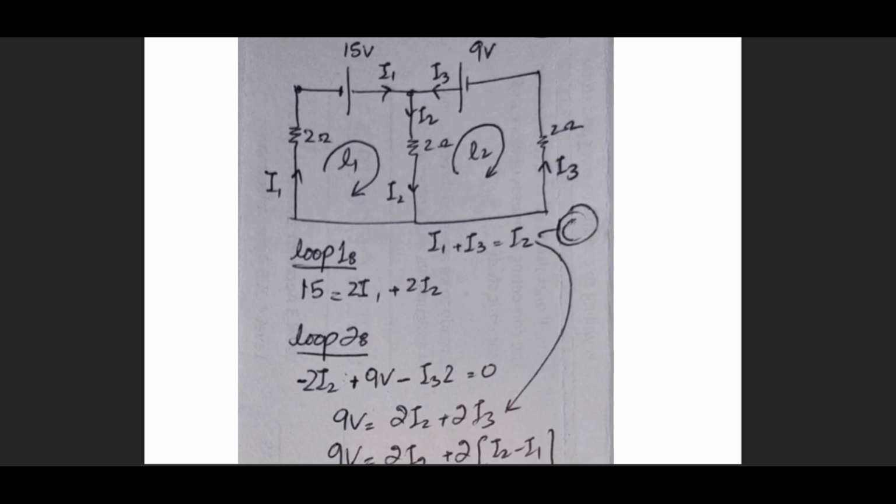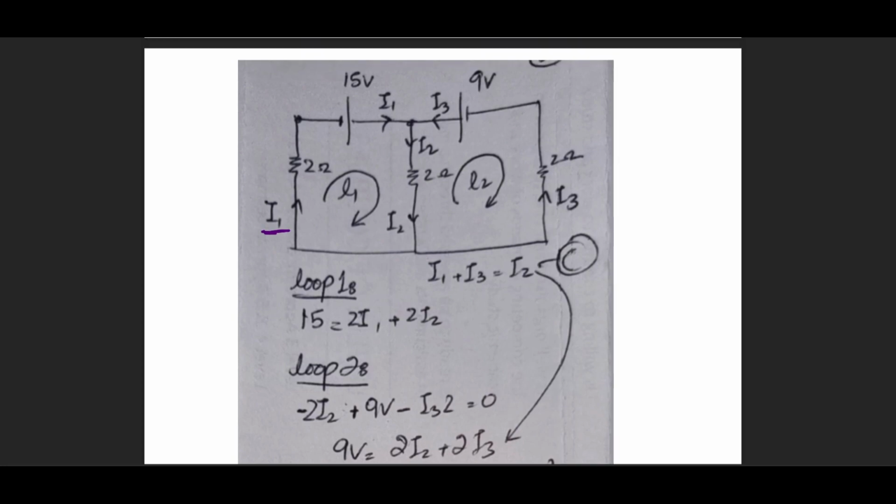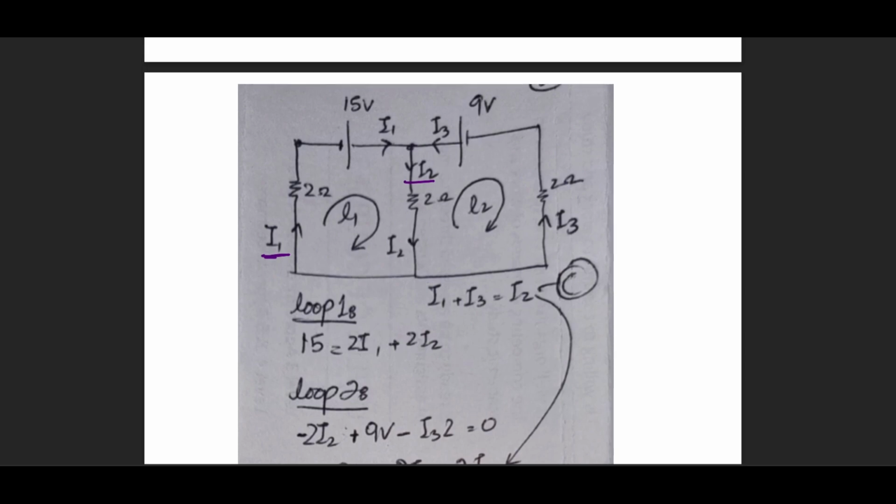Now I realize that L1 is in the same direction as I1, and it's in the same direction as I2. So I don't need to fight them. My loop direction is exactly the same as the direction of the currents, so I don't need to add any negative sign. But when I consider the loop direction with the battery, I realize that my loop direction is entering the negative of the battery, which means I will have to add a negative sign with the battery.